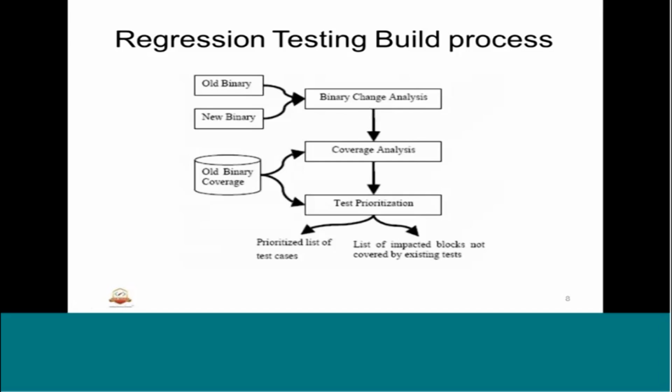This is basically a process block where we analyze what was there before in the old binary, and what is the change that is done on the new binary. Binary here means the executable code or the object that is going to be tested against, and we are going to do a coverage analysis of the changes that are there, so that we know what are the impacted areas that are being covered, and how you are going to test it.